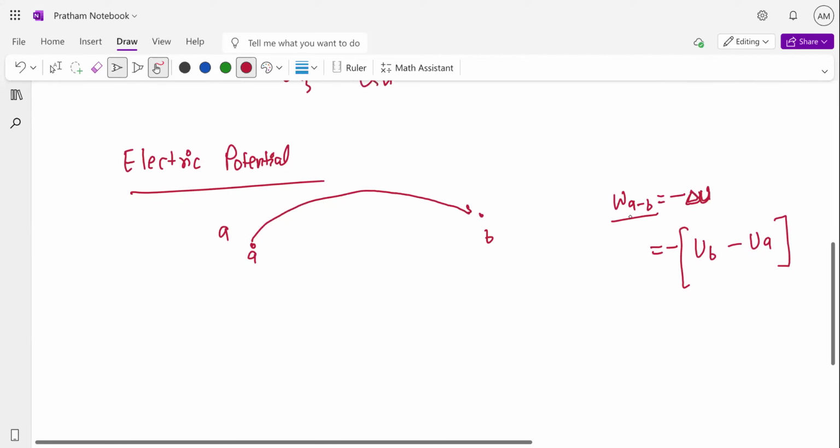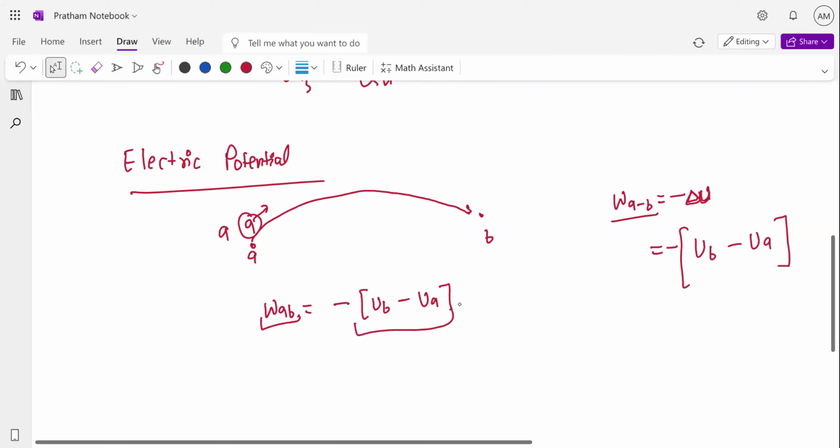So I'll write the same thing here: W_AB equals negative of (U_B minus U_A). It is energy, right? Let's say this charge was in movement. This is the energy I needed if I'm taking this much charge.